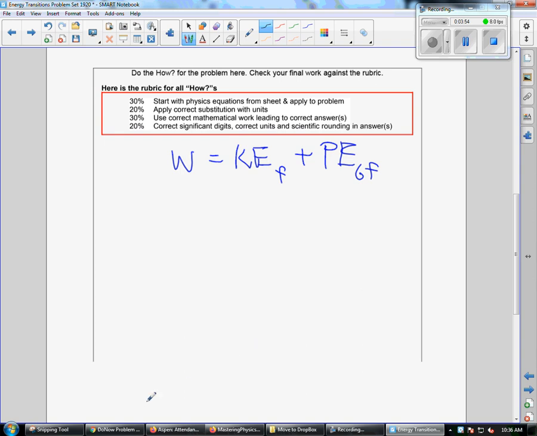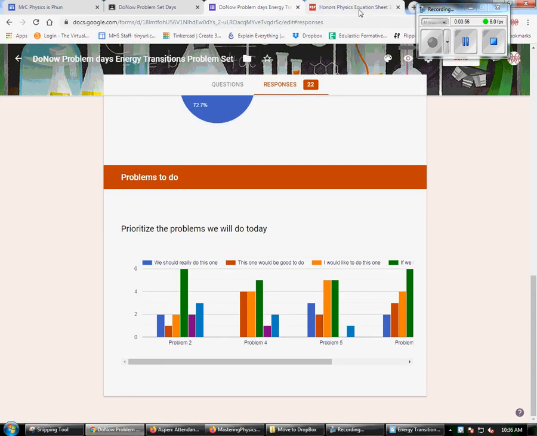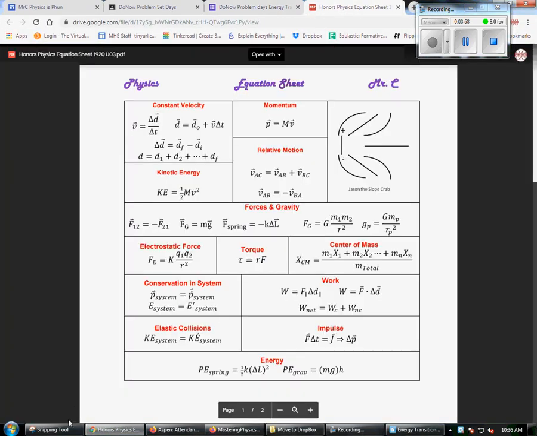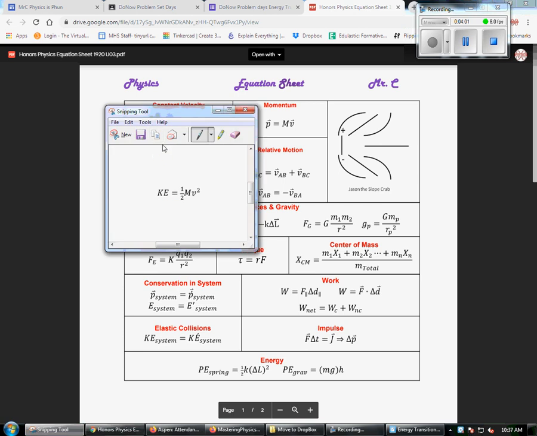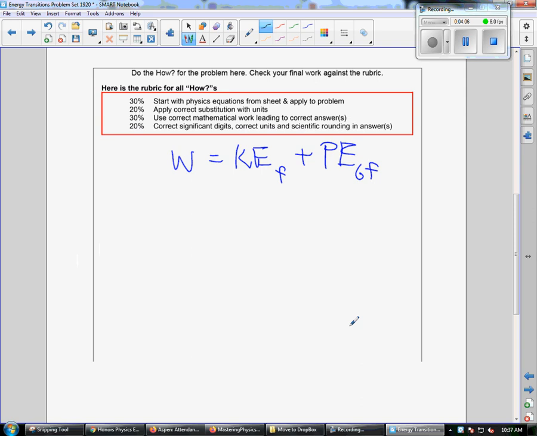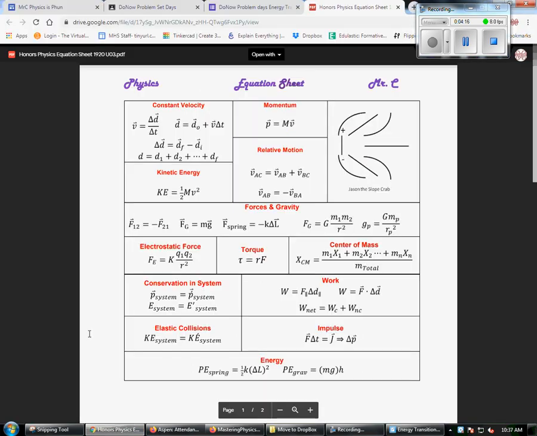Be good to have some equations. Let's grab from my equation sheet. I need kinetic energy. Oh, I got kinetic energy already. So here's my kinetic energy equation. And then I also need PE grav.